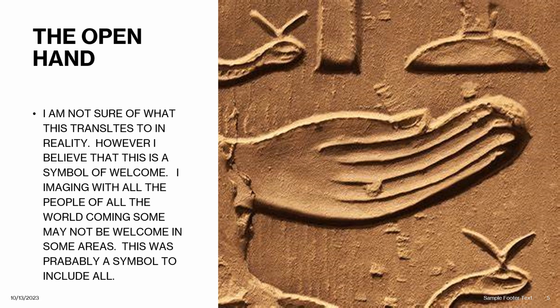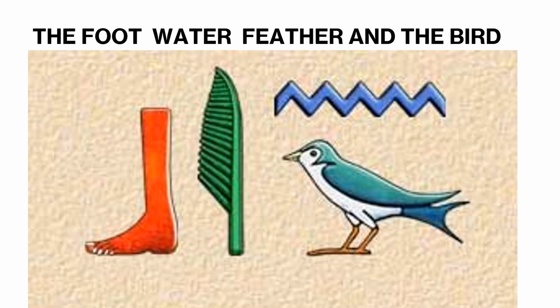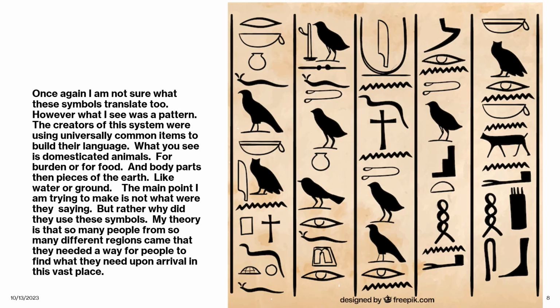Now, an eye, a foot, a feather, water, a bird. See, once again, I'm not sure what these symbols translate to in reality. However, what I see is a pattern.